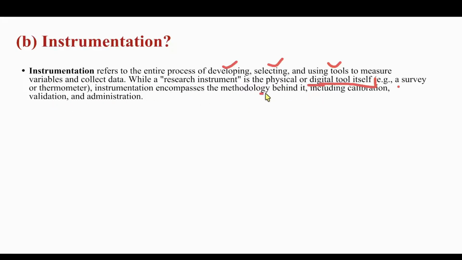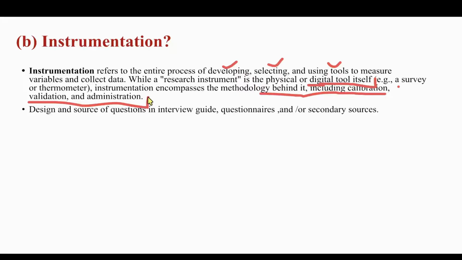So we have to be very, very cautious, and we have to indicate in the research methodology how we have calibrated it, how we have validated its reliability and validity, and how we are going to administer it in the research article. We have to clearly indicate. So what it does, it designs a source of questions in the interview guide and questionnaires or secondary sources.